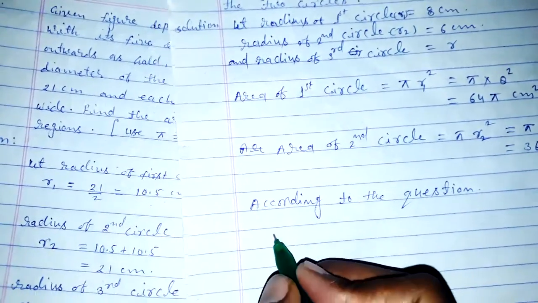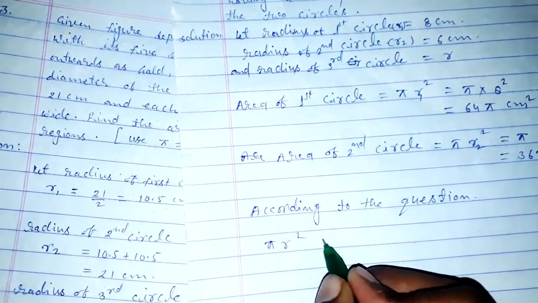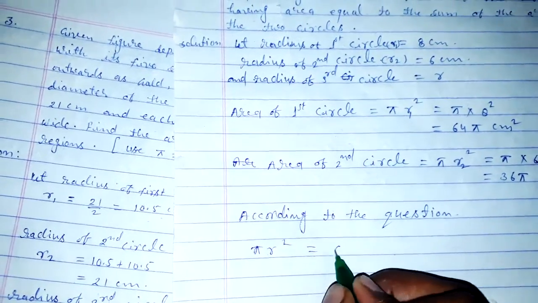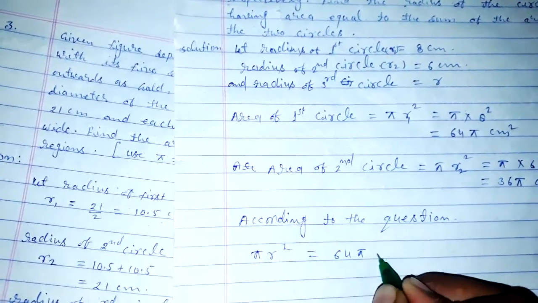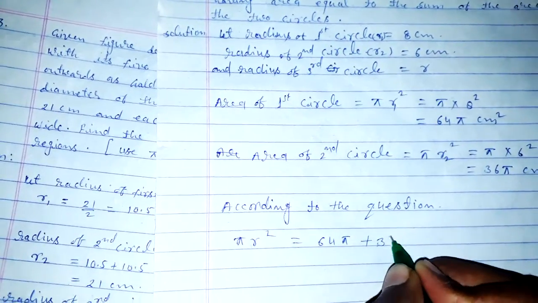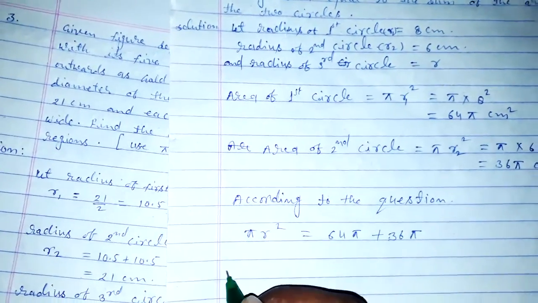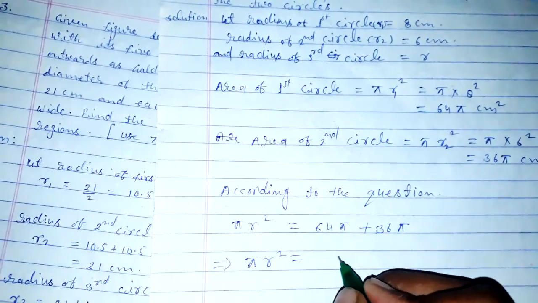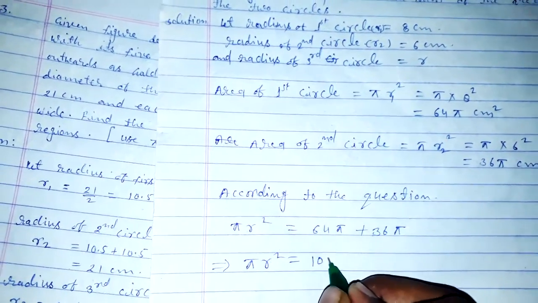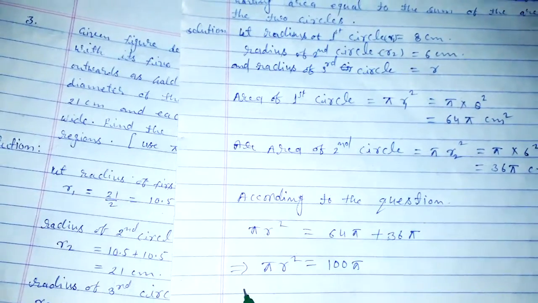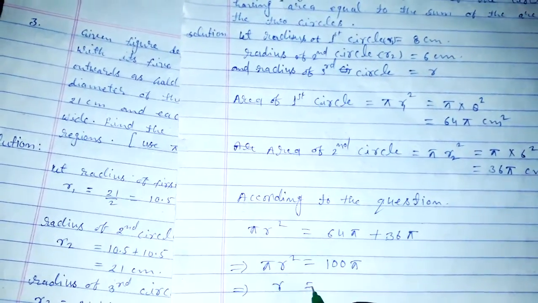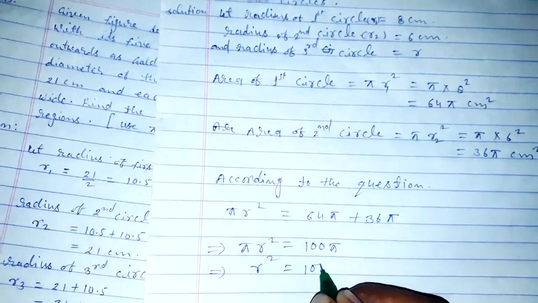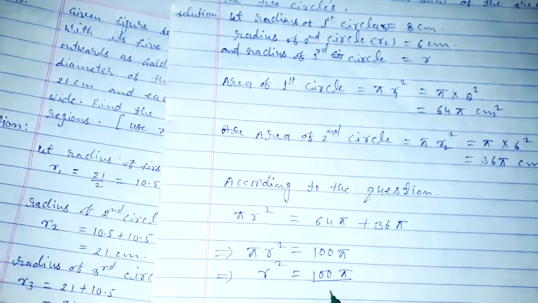So pi r square is equal to 64 pi plus 36 pi, which implies pi r square is equal to 100 pi. So r square is equal to 100 pi upon pi.